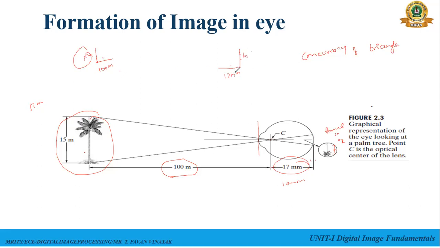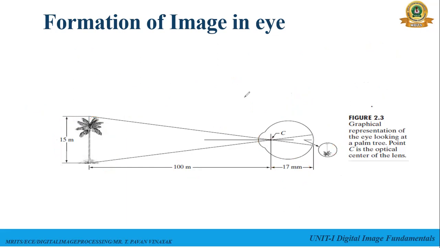Based on this property, let us calculate. 15 by 100 is equal to H by 17 millimeters. Meters cancel. H is equal to 15 into 17 millimeters by 100, which means 2.55 millimeters. So how are the images formed? Inverse form.